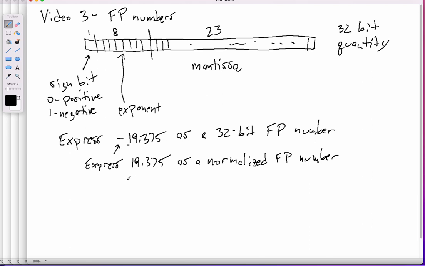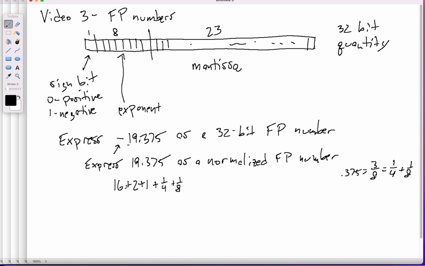Let's remember, 19 is equal to 16 plus 2 plus 1. And 0.375, I hope you all know, is equal to 3/8. So 3/8 is equal to 1/4 plus 1/8. So this is 16 plus 2 plus 1 plus 1/4 plus 1/8.